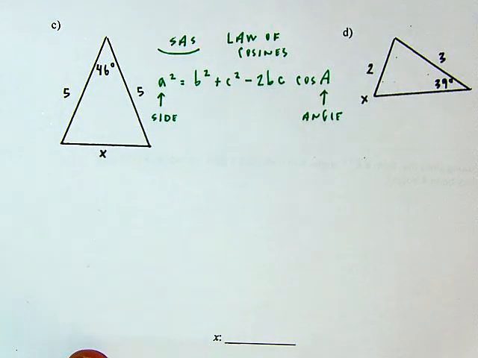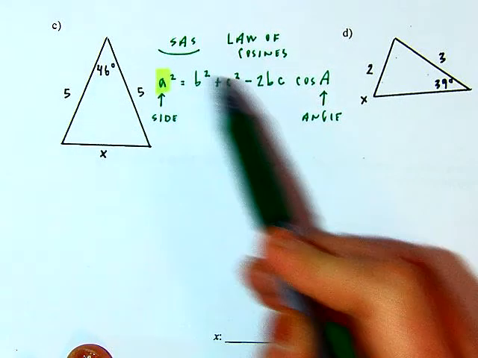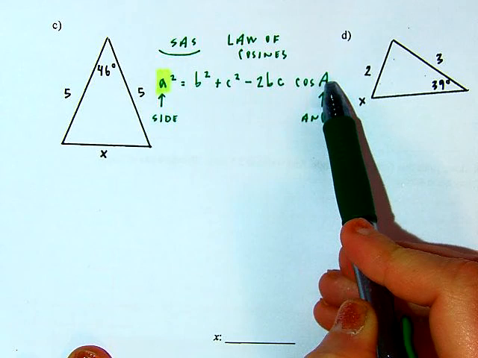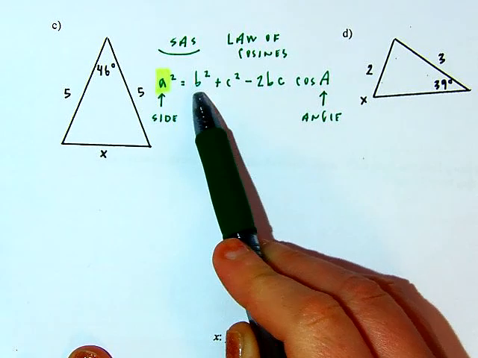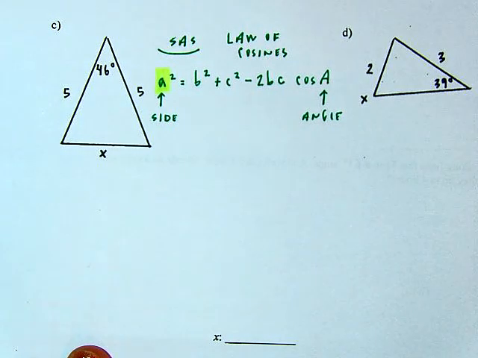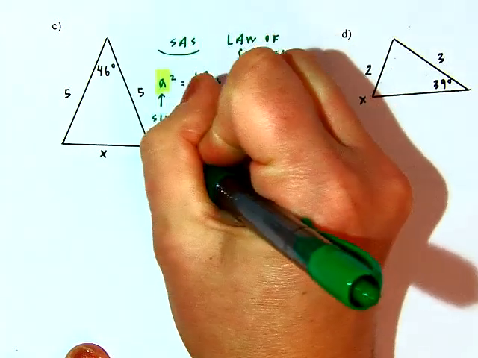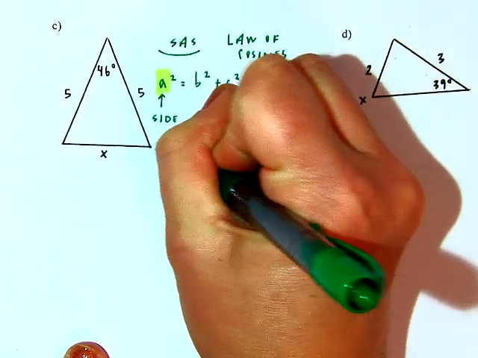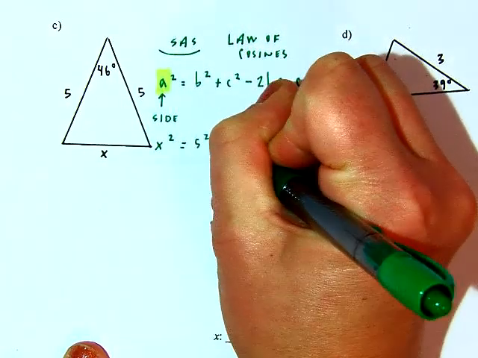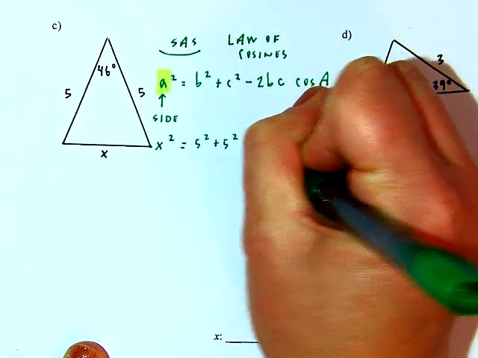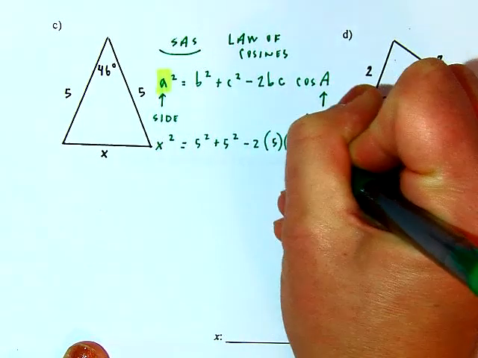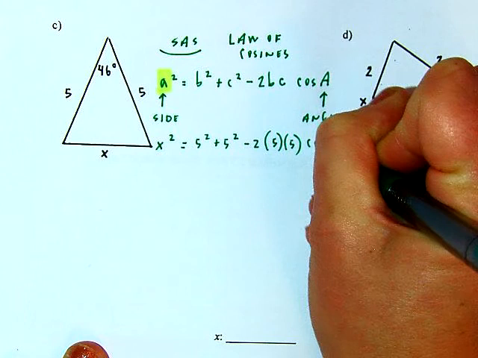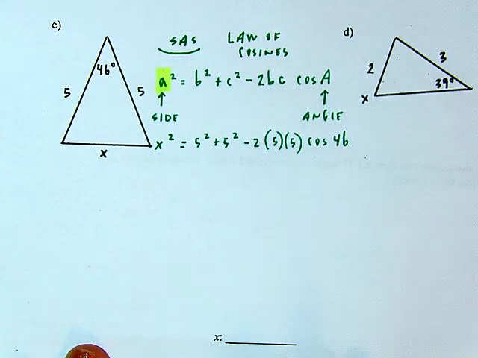We're solving for x, and the angle that is opposite that 46-degree measure is going to go right here. What we call B and C doesn't matter, they're both 5 anyways. So when I plug in, I should have x squared equals 5 squared plus 5 squared minus 2 times 5 times 5 times cosine 46. This is our easier variation of the law of cosines.